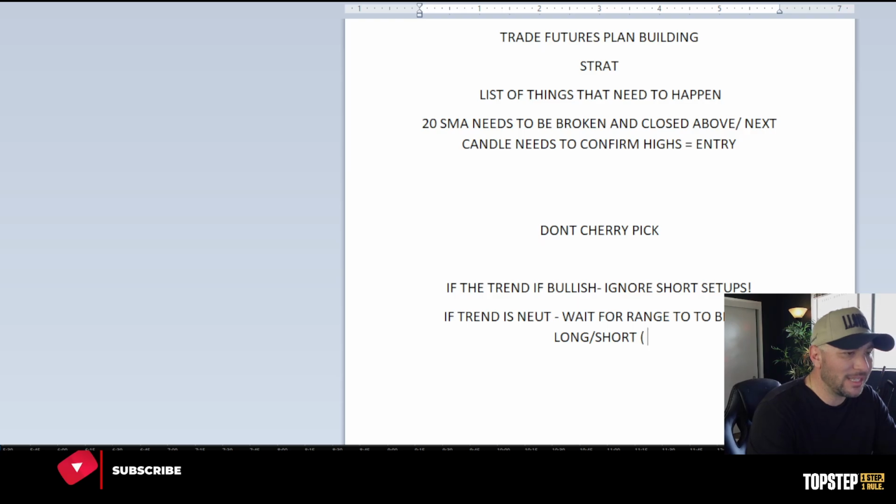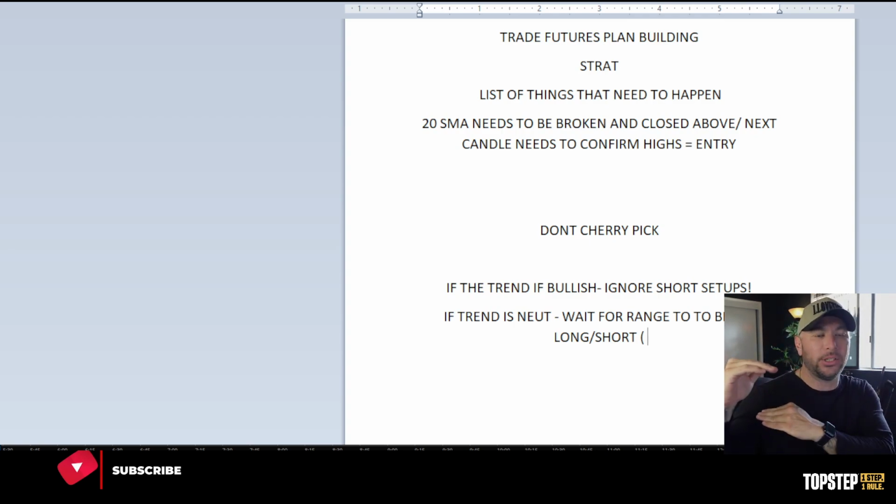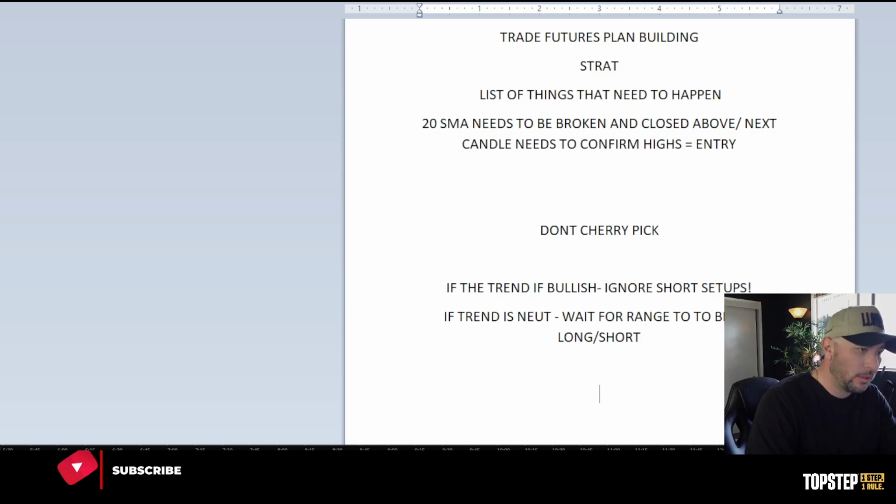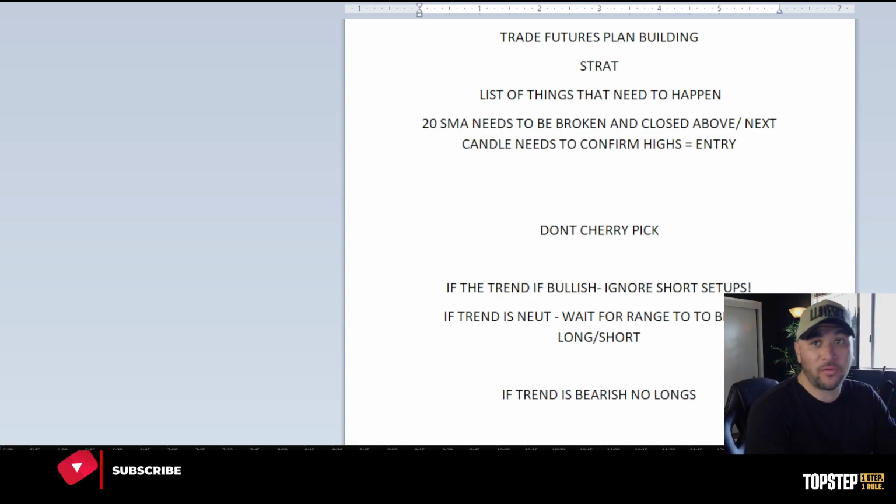What this would mean is that you're not going to take any trades, whether your setup is giving you an indicator long or short, if we're still in that range, okay? If the trend is bearish, no longs. So you can have these types of rules. Maybe you don't take any trades tomorrow because it didn't align with your strategy.